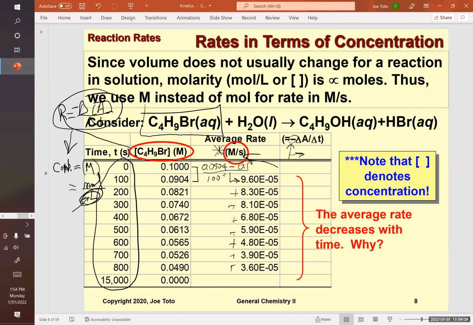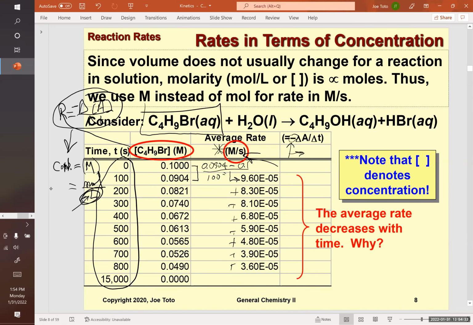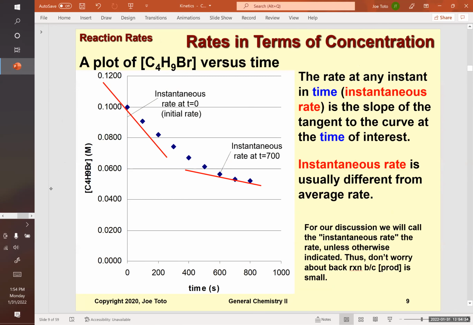Okay, any questions with that? All righty. Let's take a look at a plot of concentration versus time for that reaction, just to get another look at this concept of rate. So I have concentration here on the y-axis and time on the x.